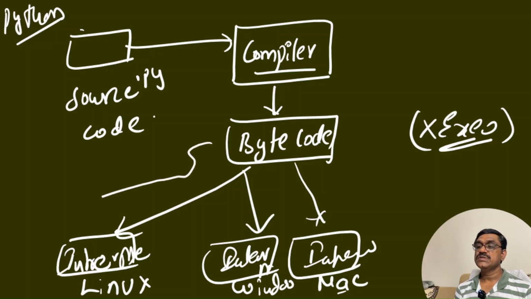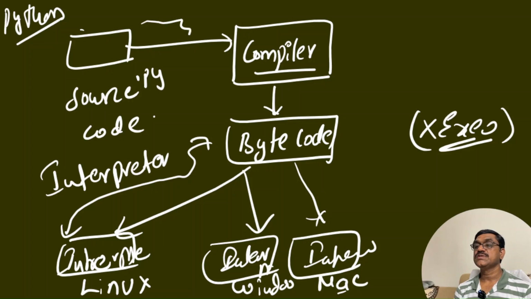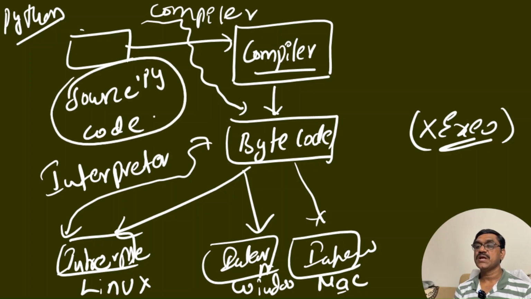When you use the translation from source to bytecode, we are using the concept of a compiler. The later step follows the process of an interpreter. By using these two approaches, we keep the source code private. At the same time, the bytecode can be executed on different machines with different operating systems.